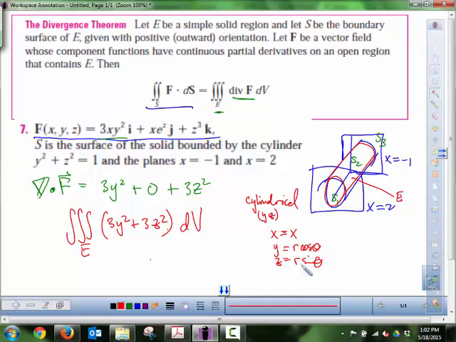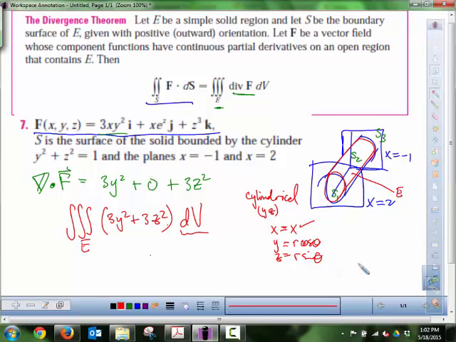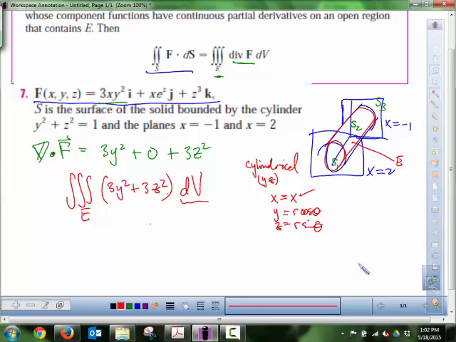This is your cylindrical coordinate transformation, which means your dv will also change into a dx dr d theta with an extra r. And that also means y squared plus z squared is going to equal r squared.